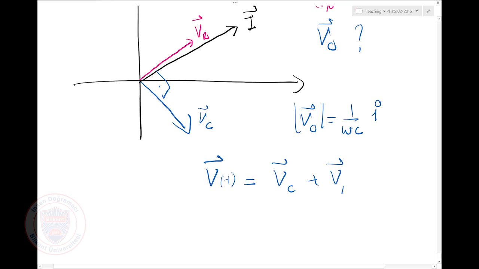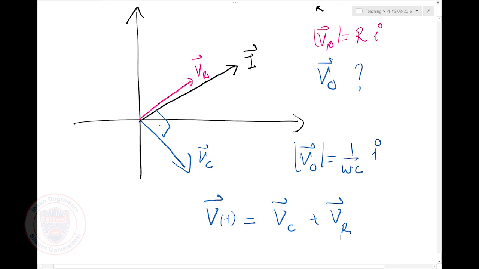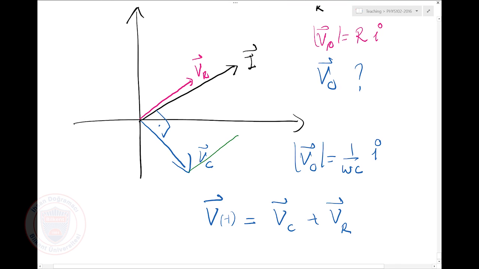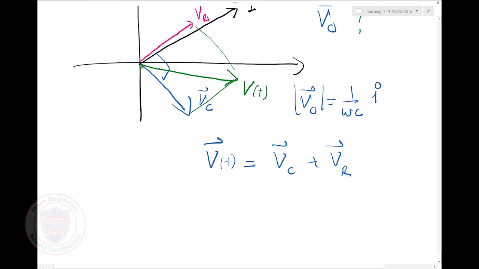So V of t must be VC plus VR. Or if I think of the diagrams, what do I need to do? I need to add these two vectors, the VR vector and the VC vector. So I'm going to do that. I'm going to add them. This is going to be V of t.